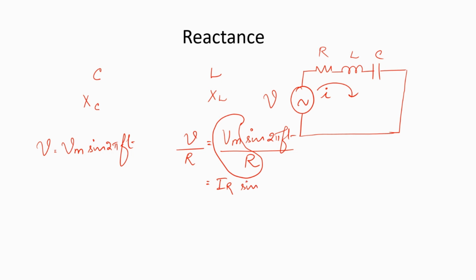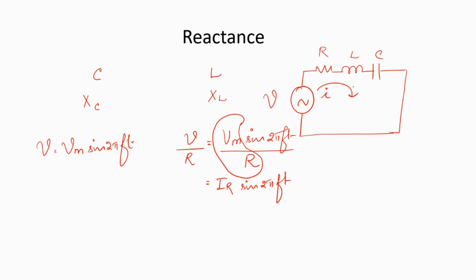So IR sine of 2 pi ft. This is the current which is flowing through the resistor. If we see, both input voltage and the current through the resistor have sine components in them. They are in phase with each other. There is no phase difference between the two.